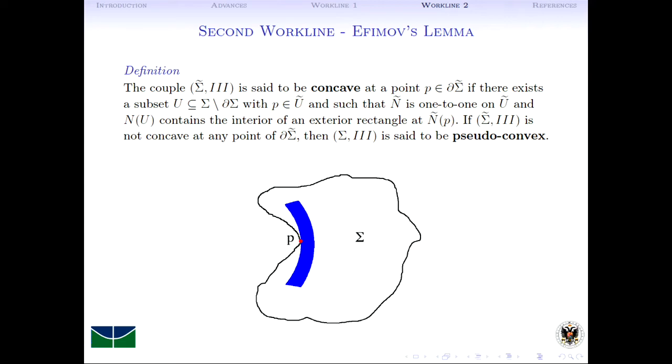If the computation for the third fundamental form metric doesn't have concave points, we say the surface endowed with the metric of the third fundamental form is pseudo-convex.